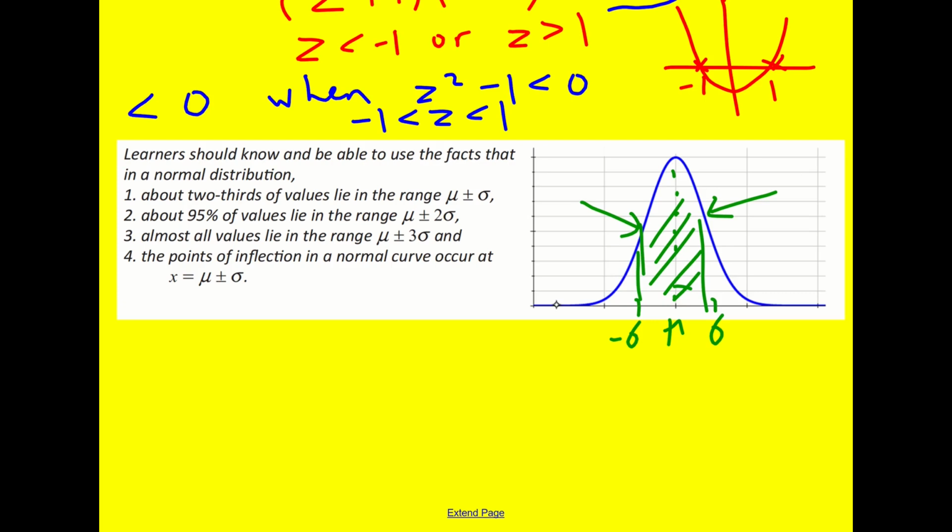If we just take a look at it, we can see the gradient is increasing, and then it starts decreasing, and then it starts increasing again, becomes less negative. So just to end today, I hope you're happy with that. We've proved it for the standard normal, but you need to be aware that it's true in general.